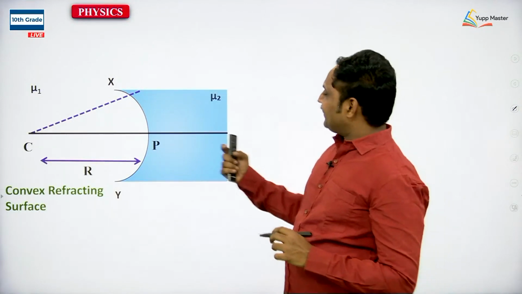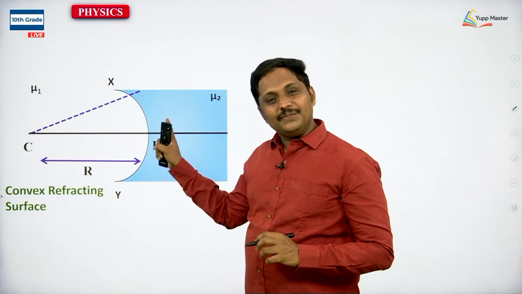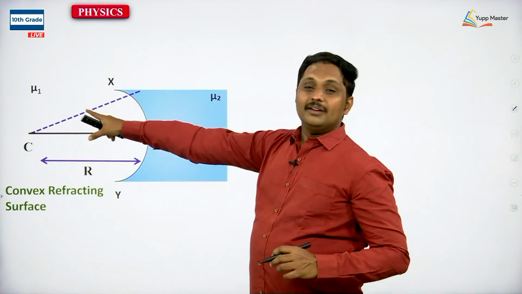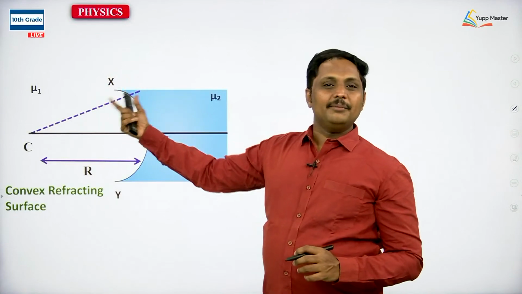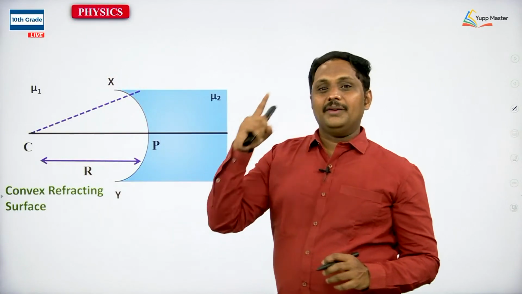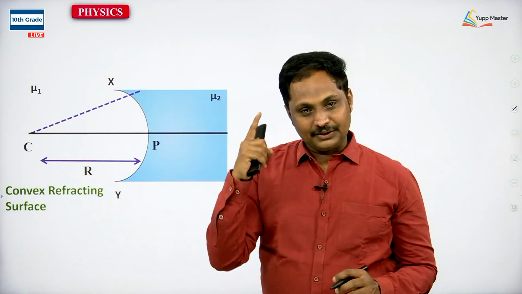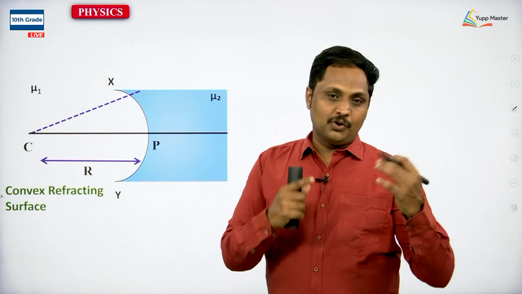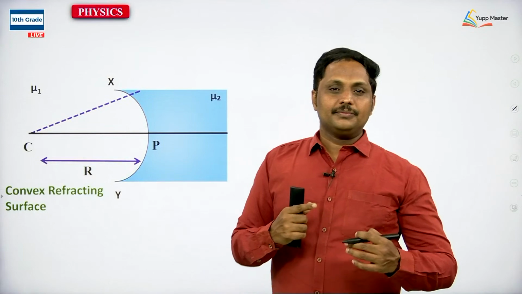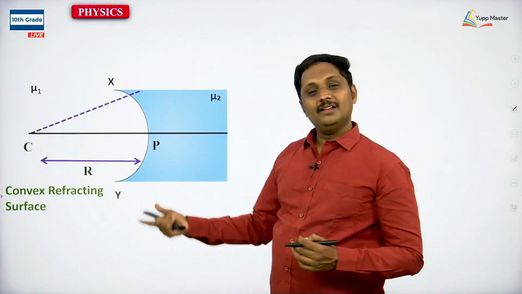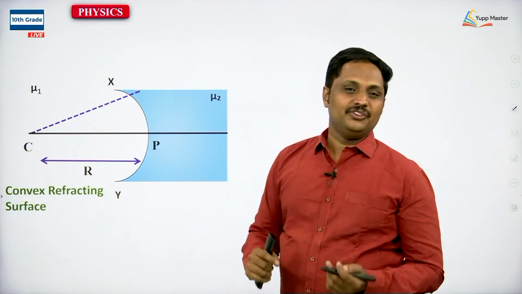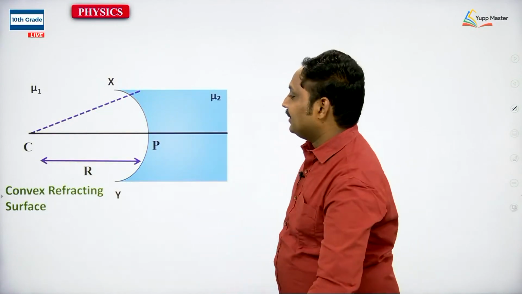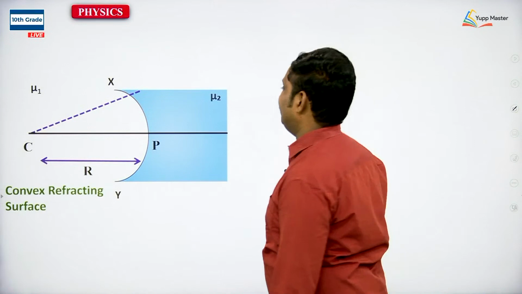Simply, the curved refracting surface which separates the rarer medium and denser medium, a refracting surface in curved form, is known as a single refracting surface, of the type single concave refracting surface, it is very clear.